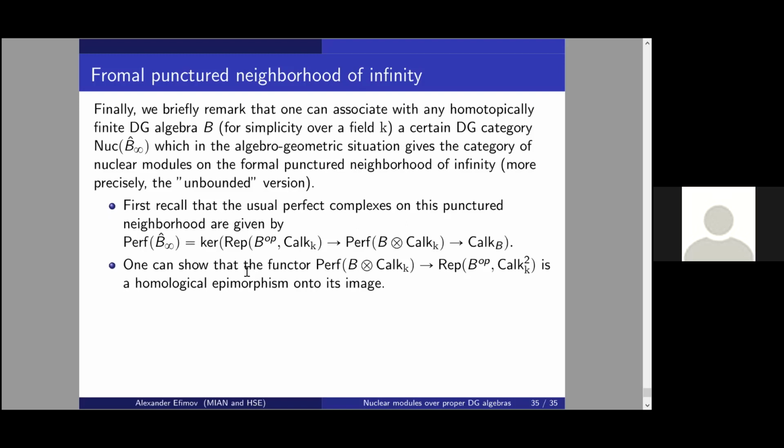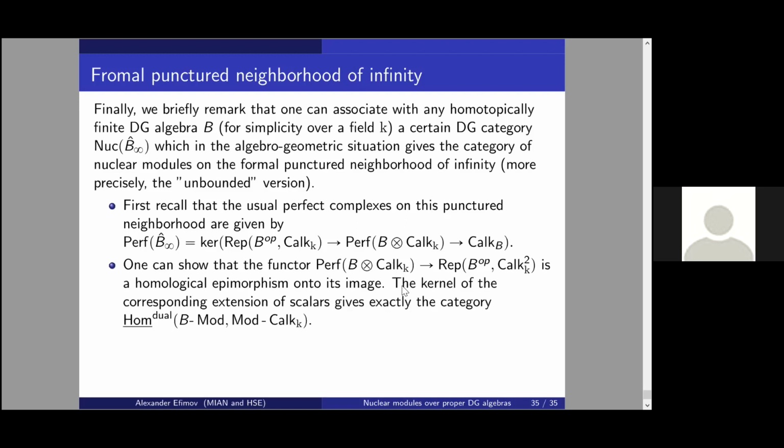Now there's a slightly insane statement that one can show: when B is homotopically finite, then the functor from perfect complexes of B tensor Kalkin to representations of B opposite in Kalkin squared, which is Kalkin of Kalkin, is still a homological epimorphism onto its image. This is not an easy linear algebra, but still it holds.